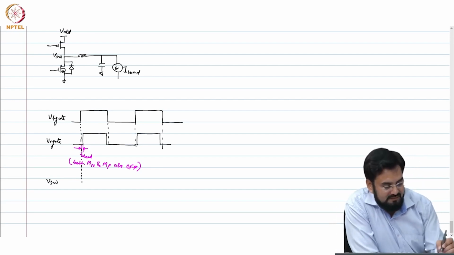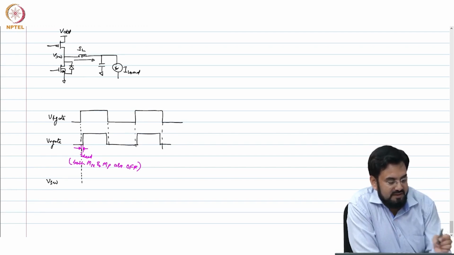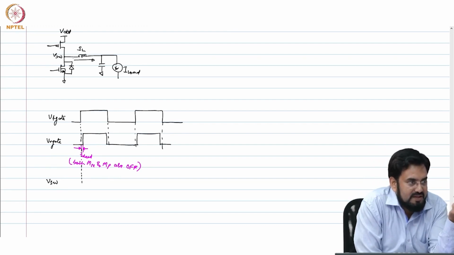So this is going negative. IL, current is flowing in this direction. During that time, current will keep flowing. This will go negative. So the moment it goes below the forward voltage, this diode will conduct, minus 0.7. So it will get clamped at minus 0.7.